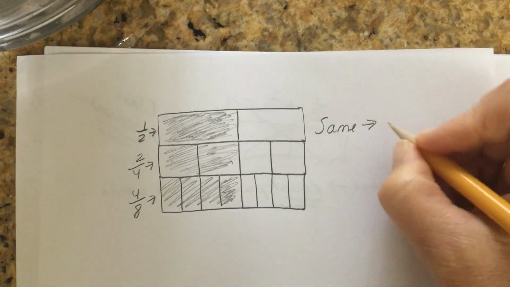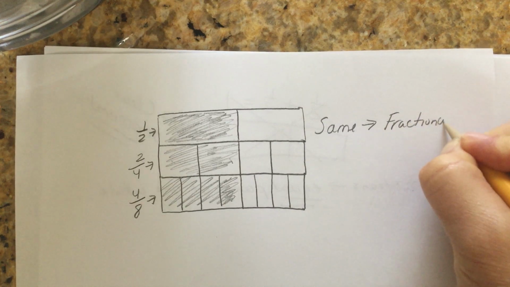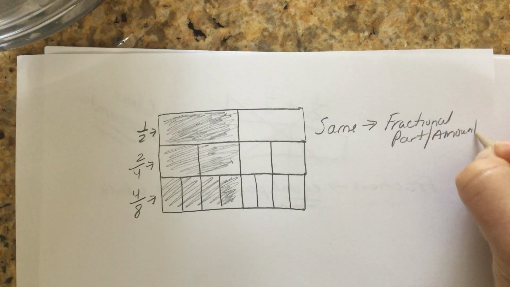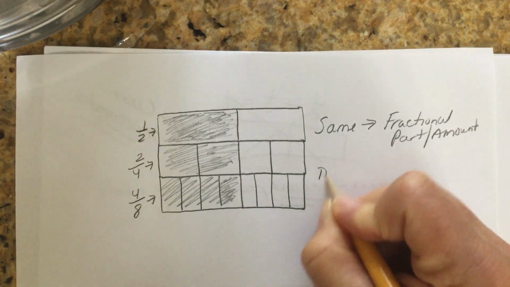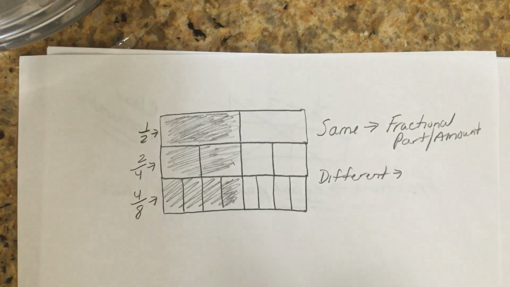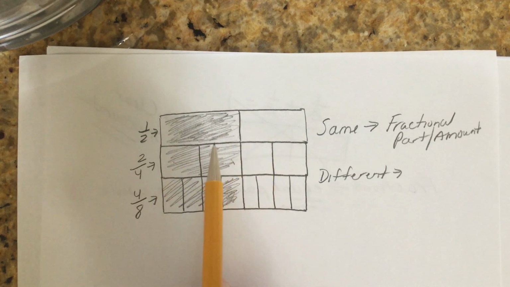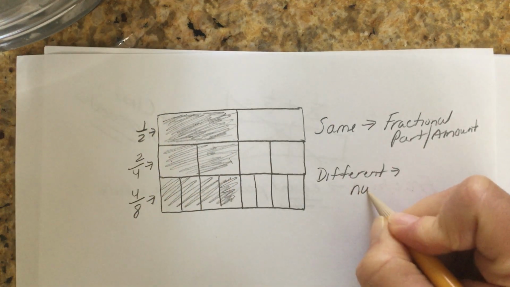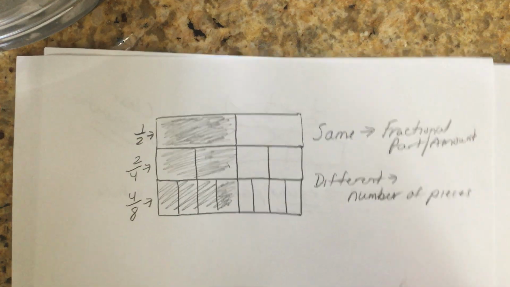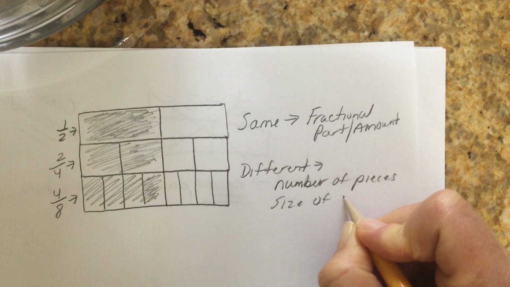So what's the same? Well, the fractional part stays the same. It's the same amount. So then the question is, what's different? Well, the number of pieces and the size of the pieces.